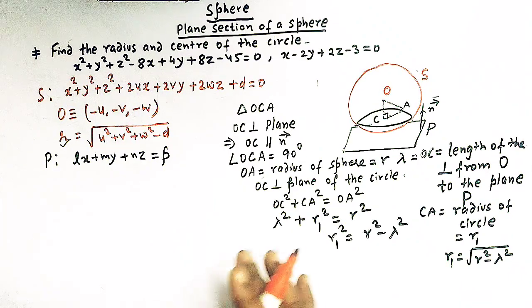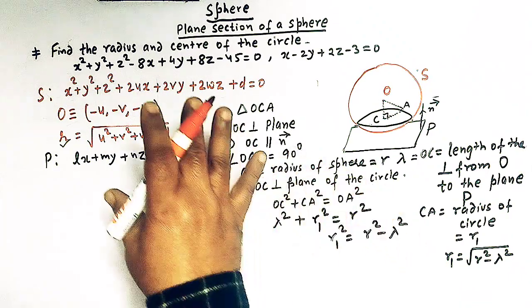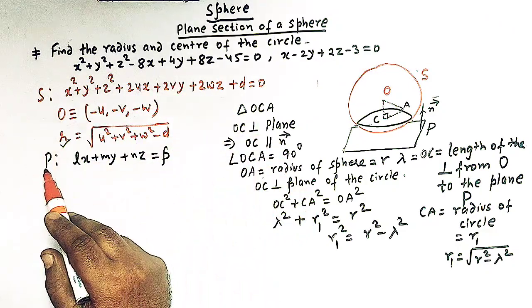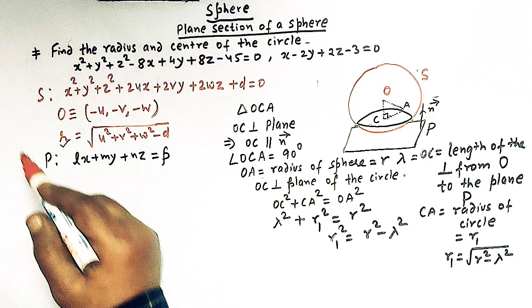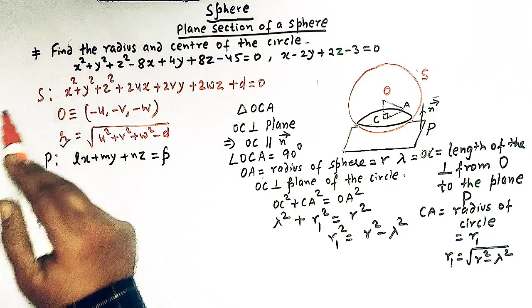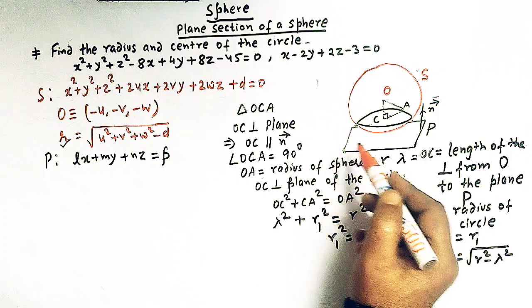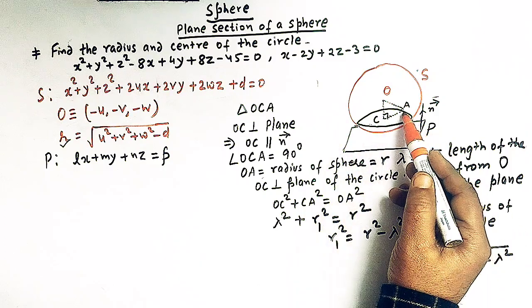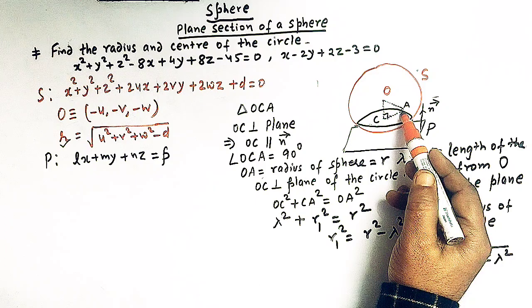So now let us quickly summarize what we have discussed so far. We have a sphere S and a plane P, right? And when this plane P cuts a section of the sphere S, then we get a circle whose center is C and the radius is CA.